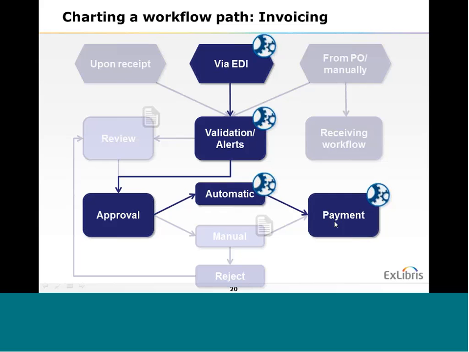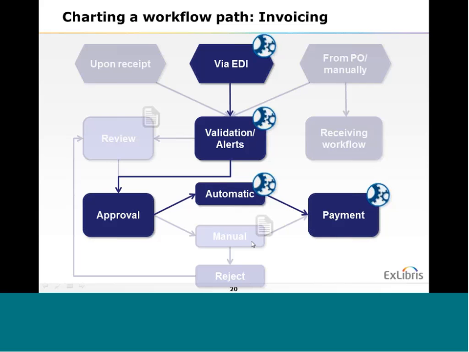Now, because we have a workflow or life cycle set up in Alma, we can go from import to payment, the last step in the process, with 0 intervention. Although we can put a few checks in place, such as the review stage, for instance. Or maybe it needs approval, so manual approval here.